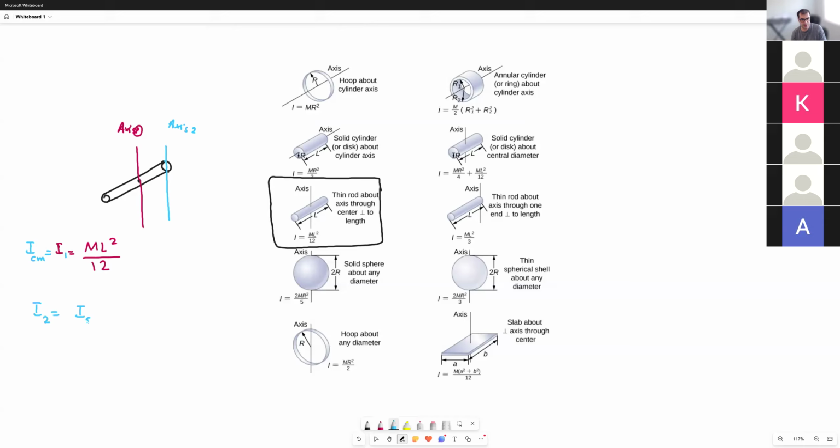I1, or I center of mass, plus m, the shortest distance between the two axes, d squared. I center of mass is going to be mL squared divided by 12.